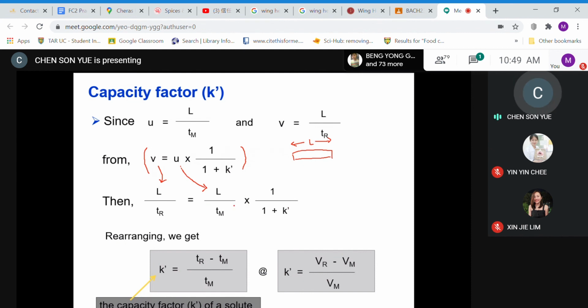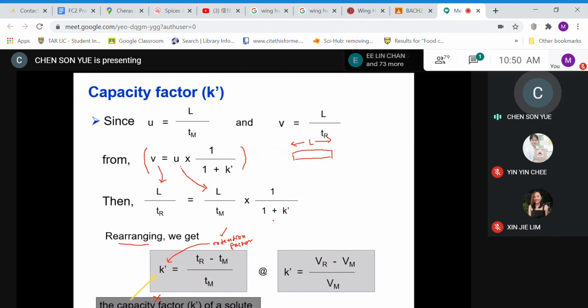And if you rearrange this parameter, you get k equal to TR minus TM over TM. So this will give us the retention factor k.